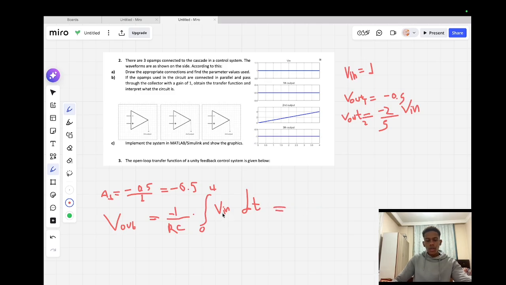And here Vin equals 0.5 minus 0.5. So here we have 0.5 multiplied with RC, multiplied with 4.